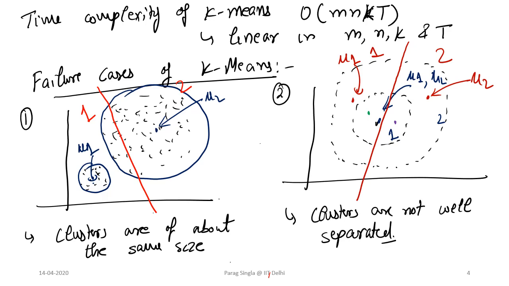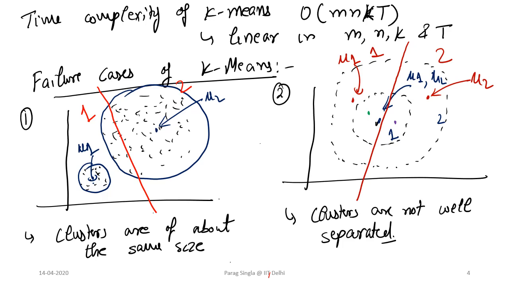When I say well separated, it is more to do with this linear separation, which K-means essentially enforces. In fact, it will be interesting to think of a transformation of this space.